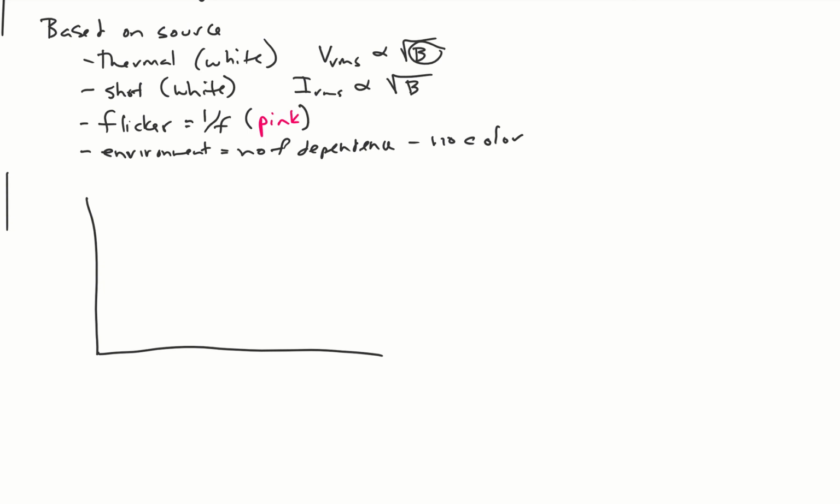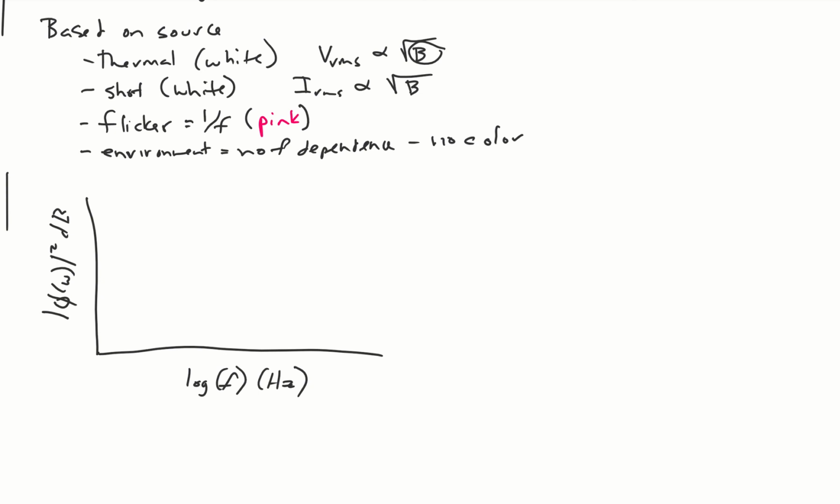So we can have the log of our frequency here in terms of hertz. We can also have our power spectrum here in decibels. And let's try to be a little bit quantitative about this.